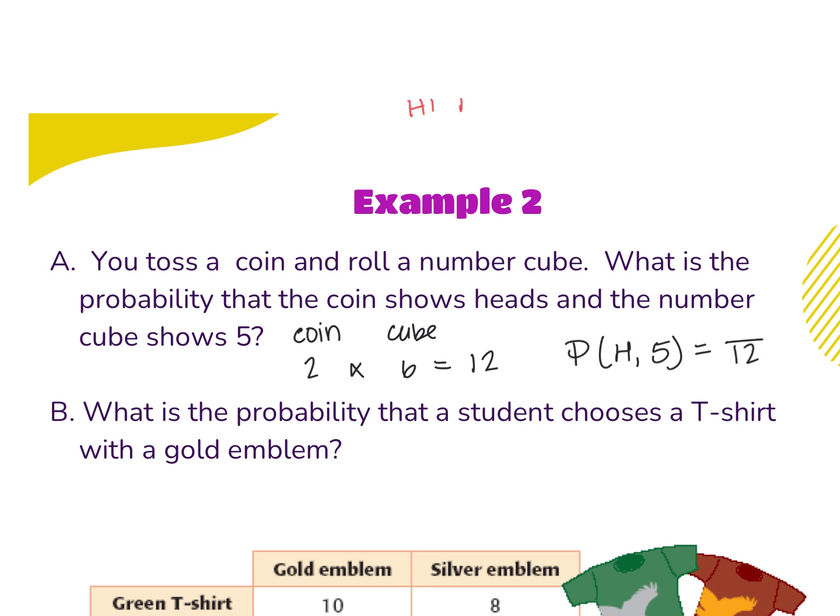I have heads 1 through heads 6, and then I also have tails 1 through tails 6. Out of all of my samples, how many of them are heads 5? 1. So my ratio is going to be 1 out of 12.